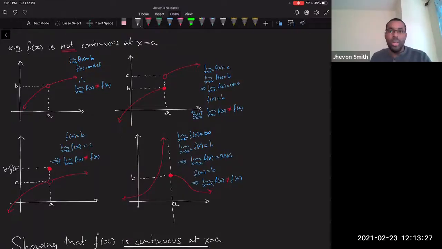That's a hole. If the function is defined, but I don't have the limit, it means there's a jump, there's a gap, right? If I have the function and I have the limit, but they're not equal, it means there's a hole and a single point filled in somewhere else, right? So I have to have all three to have continuity. But to show me that I don't have continuity, just show me that one of them messed up.